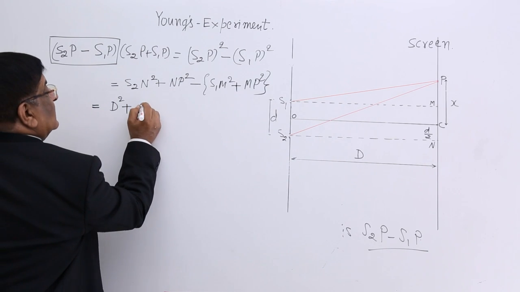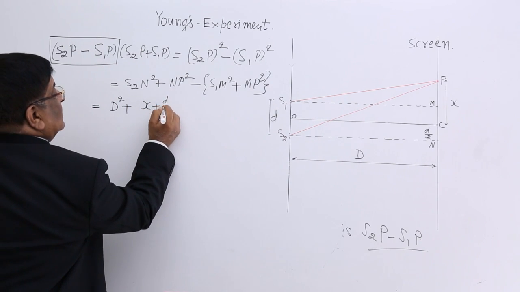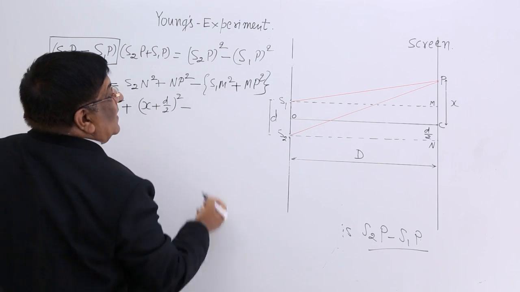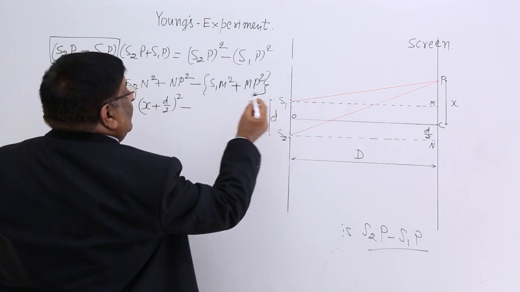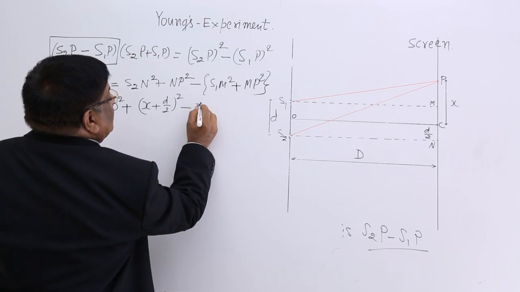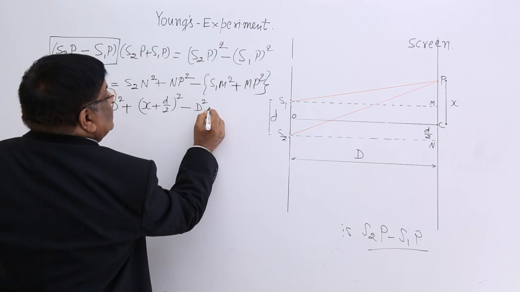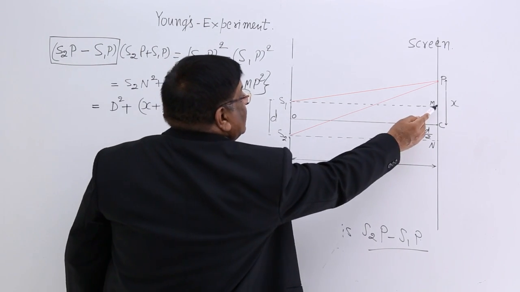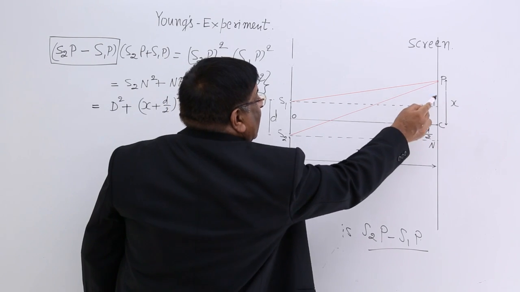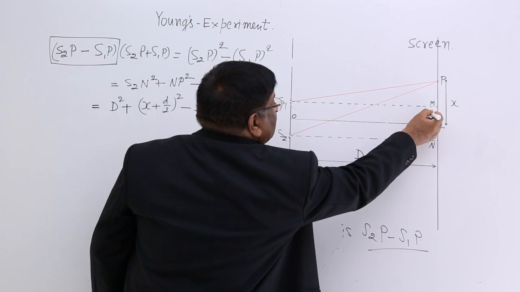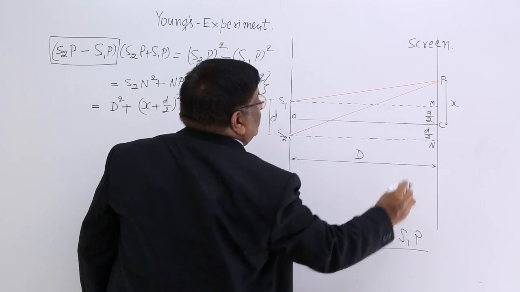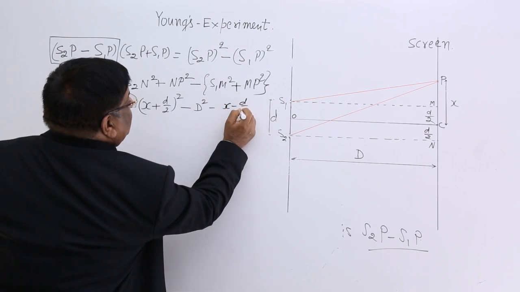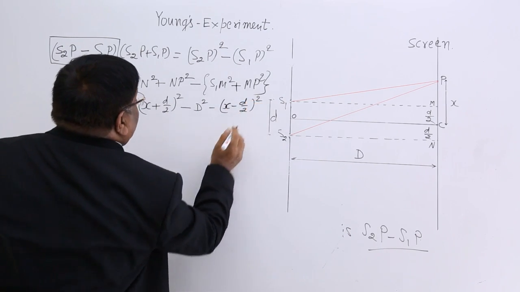So this is (x plus d by 2) whole square minus S1M. S1M is again D square plus MP square. MP is equal to x minus this distance, which is d by 2. So this is (x minus d by 2) whole square.